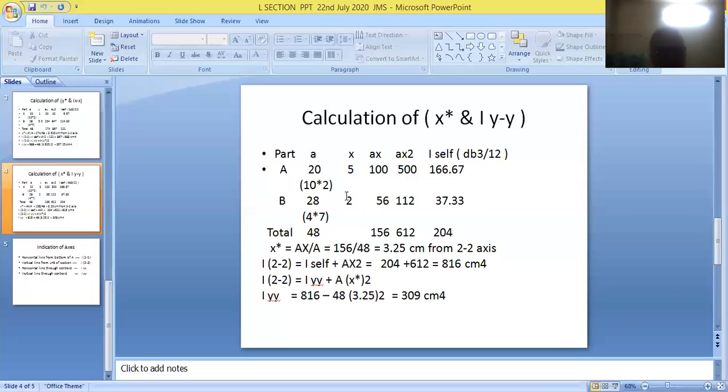So both the components are touching the two axes. So therefore, for getting this x value, take 50% of this value, that is width of the first component. So width of the first component is 10 centimeter.